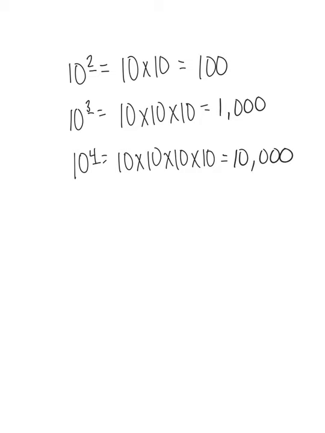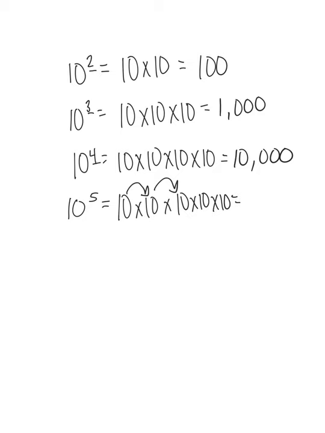You may also see, not on this worksheet, but just in everyday life, something like 10 to the fifth power. And you're just going to multiply 10 five times. 10 times 10 times 10 times 10 times 10. Okay. Well, I know that 10 times 10 is 100, times another 10 is 1,000, times another 10 is 10,000, times another 10 is 100,000.